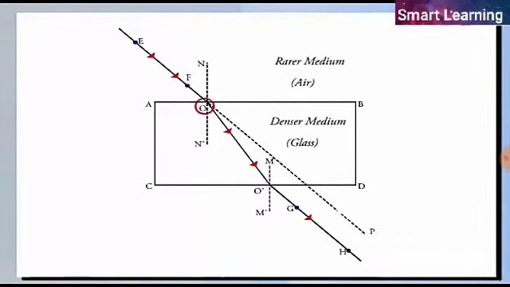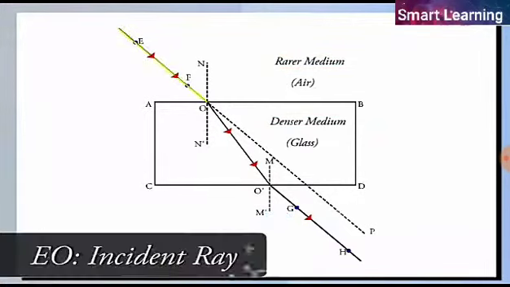The light ray at point O has entered from a rarer medium to a denser medium, from air to glass, and has bent towards the normal. At O', the light ray has entered from glass to air, that is, from a denser medium to a rarer medium, and the light has bent away from the normal.